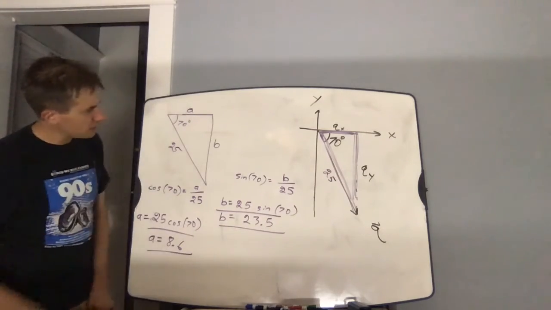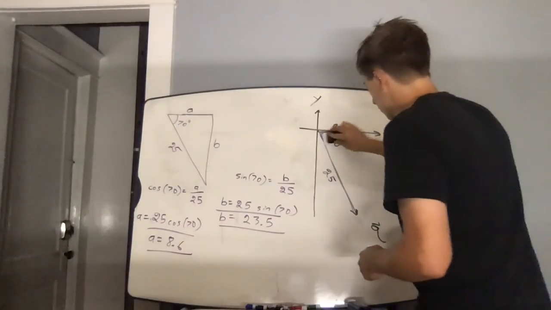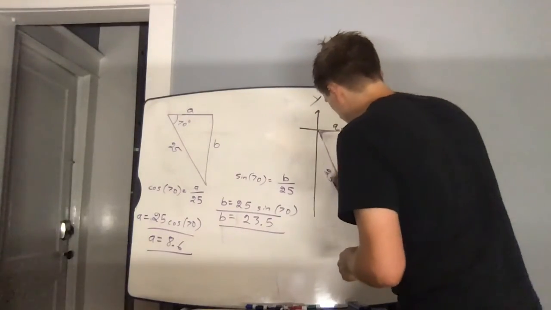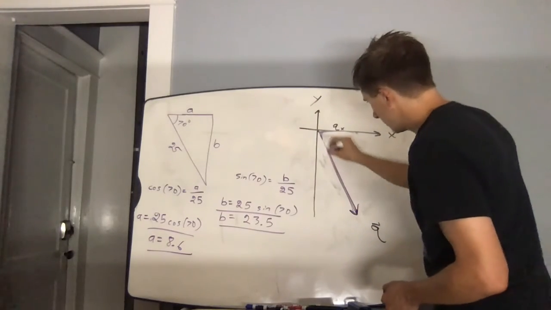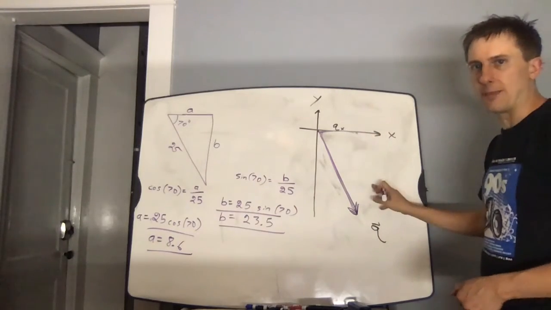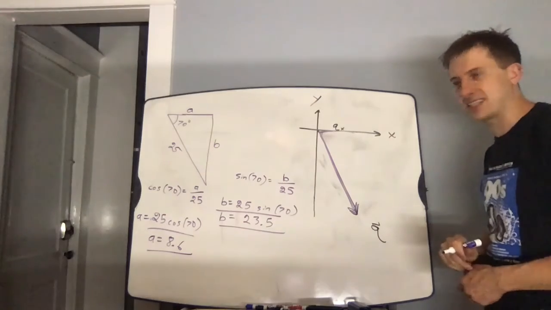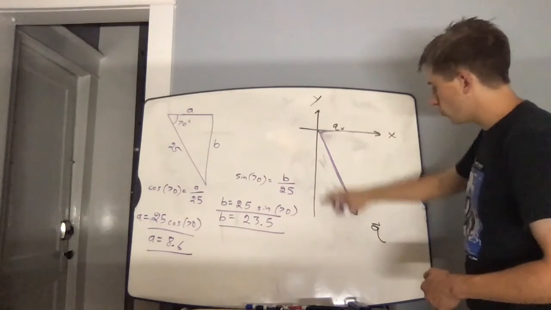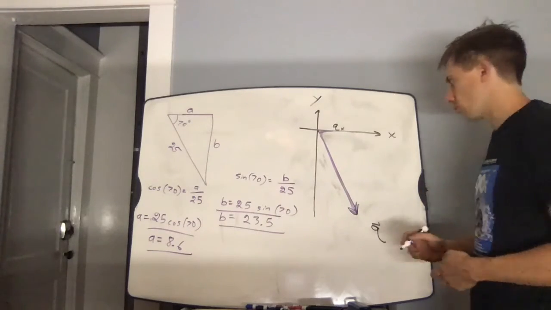But I now need to look at this vector. The vector Q is pointing downward into the fourth quadrant. And so I say, this vector Q, I expect the horizontal component to be a positive number because it's in the positive side of the x-axis. I expect QY to be negative because Q is overall pointing downward, not upward.